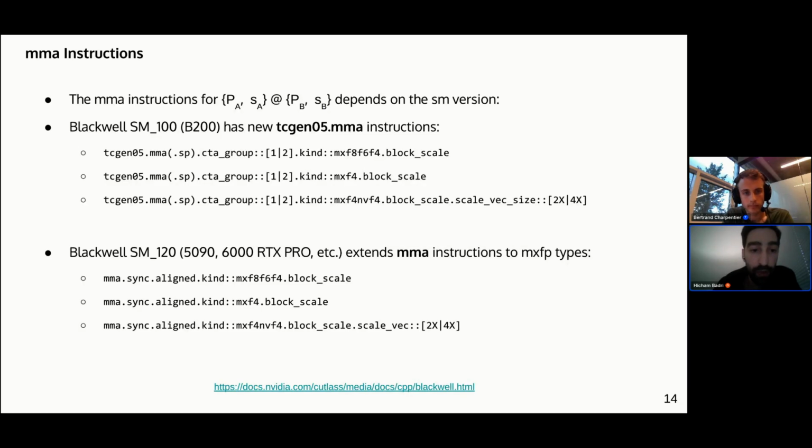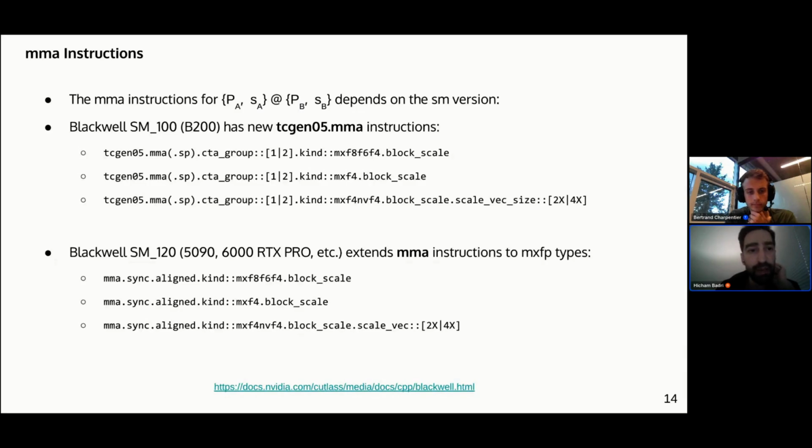So for this MMA sync aligned kind, you have MXF8, F6, F4, which is the mixed precision MMA. You can use it for MXF8, MXF4, and MXF6. But to actually get the speedup for MXF4, you need to use either the MXF4 block scale, or the MXF4 NVF4. So I hope that answers the question.